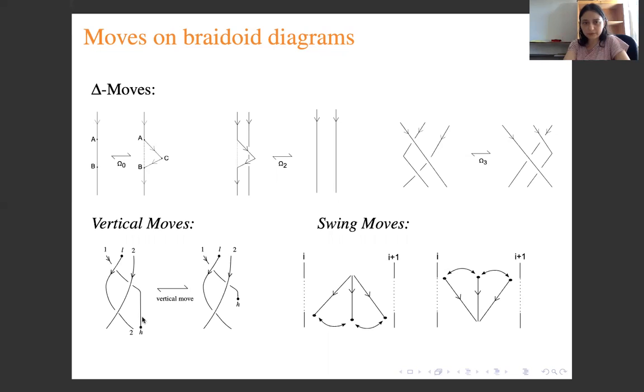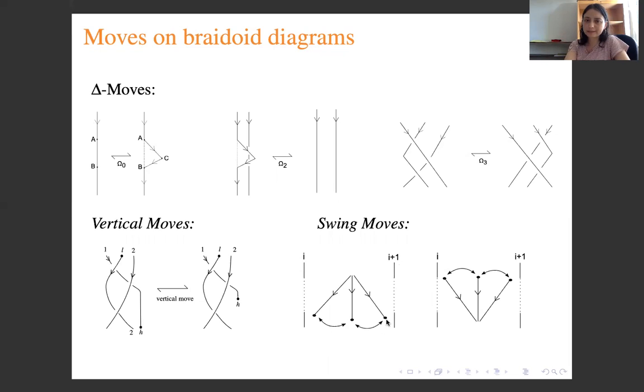So in a safe region, we can do these vertical moves for the endpoints, and also we can swing an endpoint to right and to left like a pendulum in the vertical strip bounded by two consecutive braidoid strands enumerated by I and I+1 here.